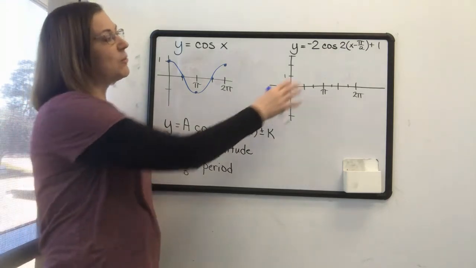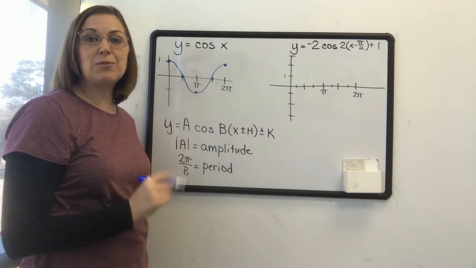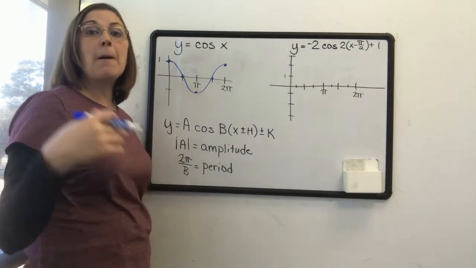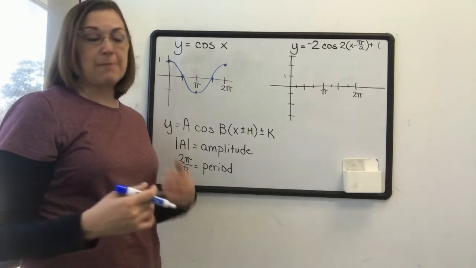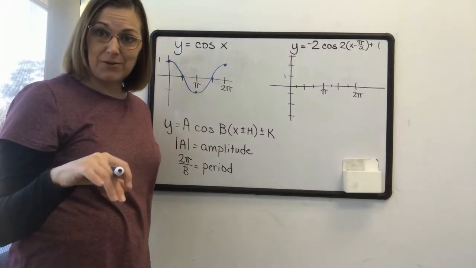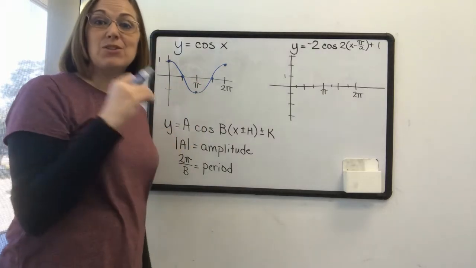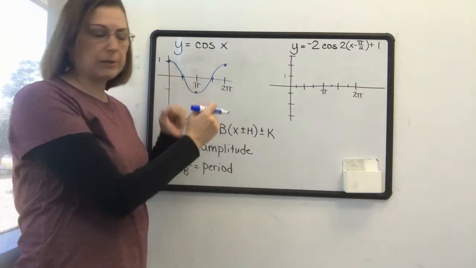So for this video, we're going to take a look at graphing y equals -2 cosine of 2 parentheses x minus pi over 2, plus 1, and that's a lot. So let's break it down. We're going to work with what happens to the y values and what happens to the x values. And when we say those values, we're talking about these 5 key ones here.